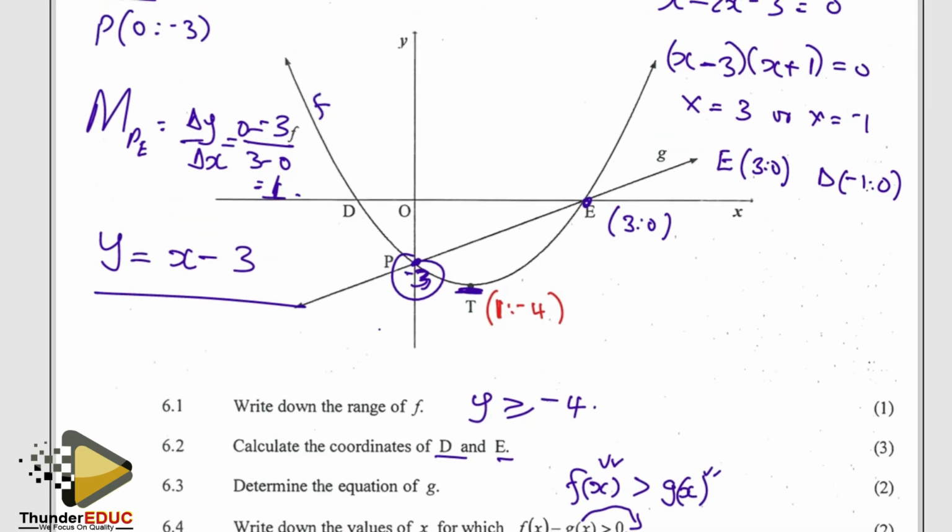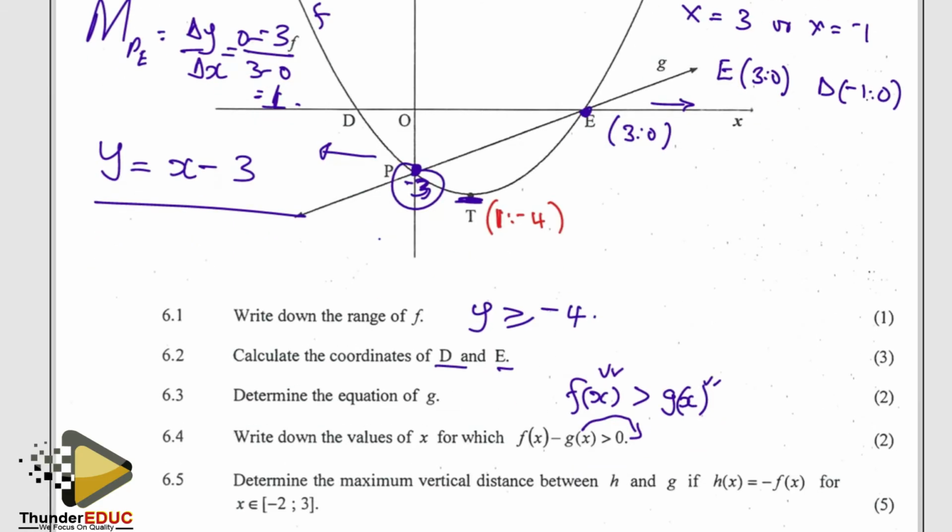When is f above g? From this point to the left, and then from this point to the right. So I'm going to say x must be less than 0, and x must be greater than 3. So those are the 2 points where the graph has to be greater.